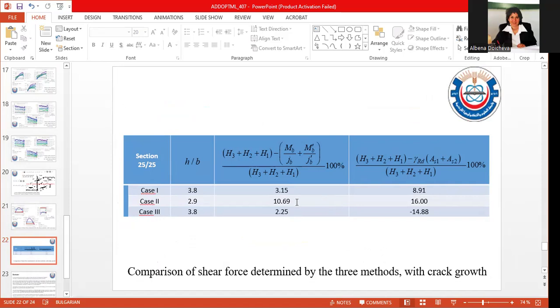The bigger difference is when we use high strength concrete, in comparison with the equation of literature and with the shear force in the Eurocode.